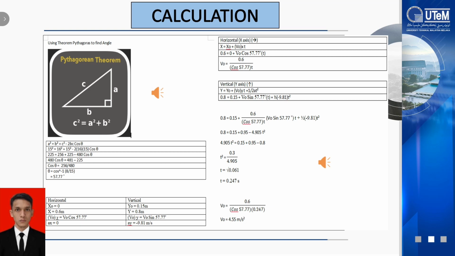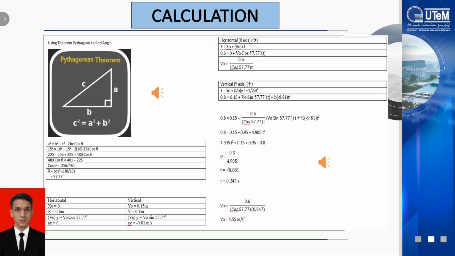The equation 1 that we get is v equals 0.6 divided by cos 57.77 times t. And for equation 2, we get 0.8 equals 0.15 plus v sine 57.77 degrees times t plus 1/2 times negative 9.81 times t squared.